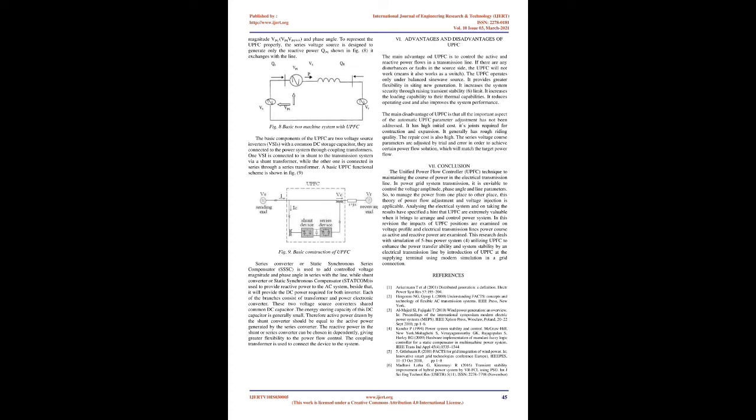The basic components of the UPFC are 2 voltage source inverters, VSIs, with a common DC storage capacitor. They are connected to the power system through coupling transformers. One VSI is connected in shunt to the transmission system via a shunt transformer, while the other one is connected in series through a series transformer. A basic UPFC functional scheme is shown in Fig. 9.